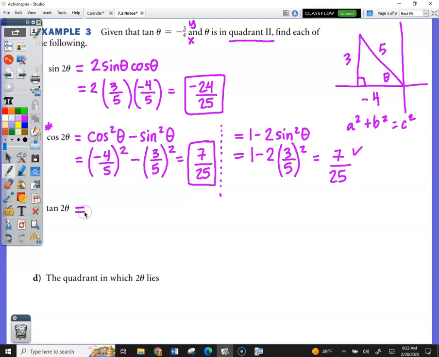All right, tan of the double angle only has one formula, although it's ugly. 2 tan theta over 1 minus tan squared theta. Now be careful here. I'd hate for you to get this wrong by using the wrong fraction when, if you look at the directions, they're giving you tan theta.